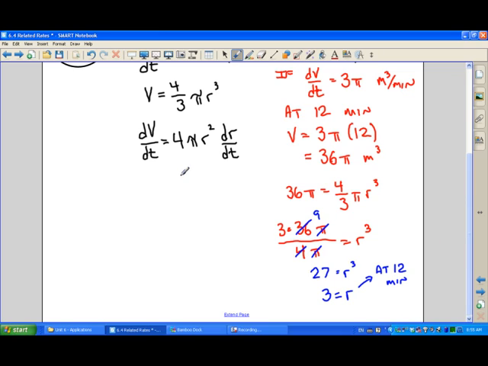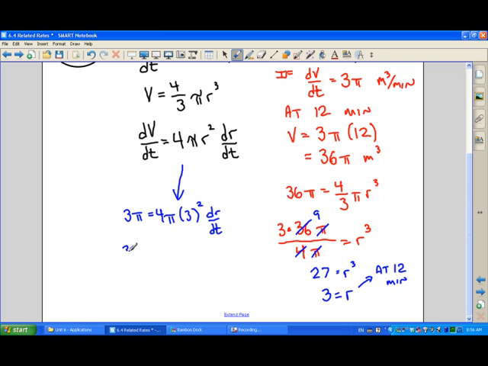So now I know everything that I need to solve this problem. I know that dV by dt is 3 pi, and that's equal to 4 times pi times my radius squared times the change in radius with respect to time.